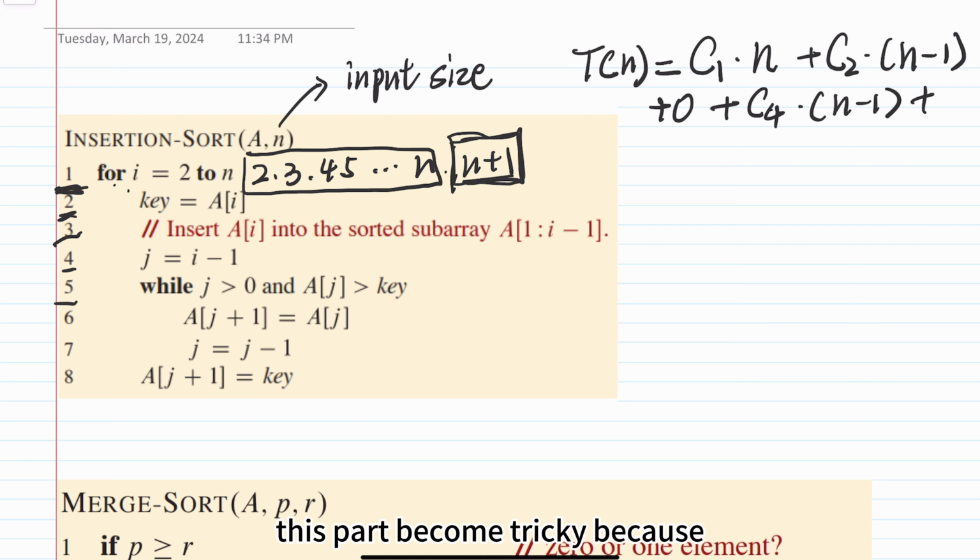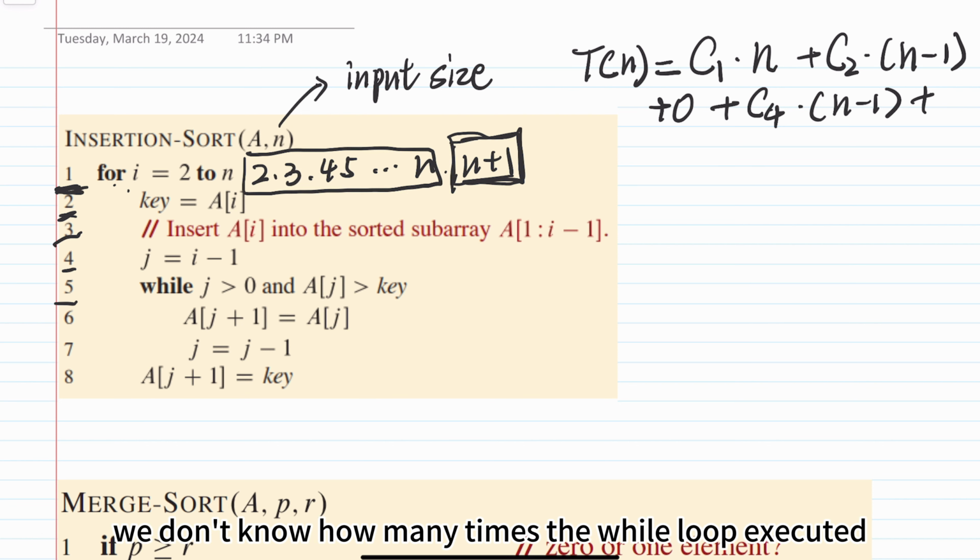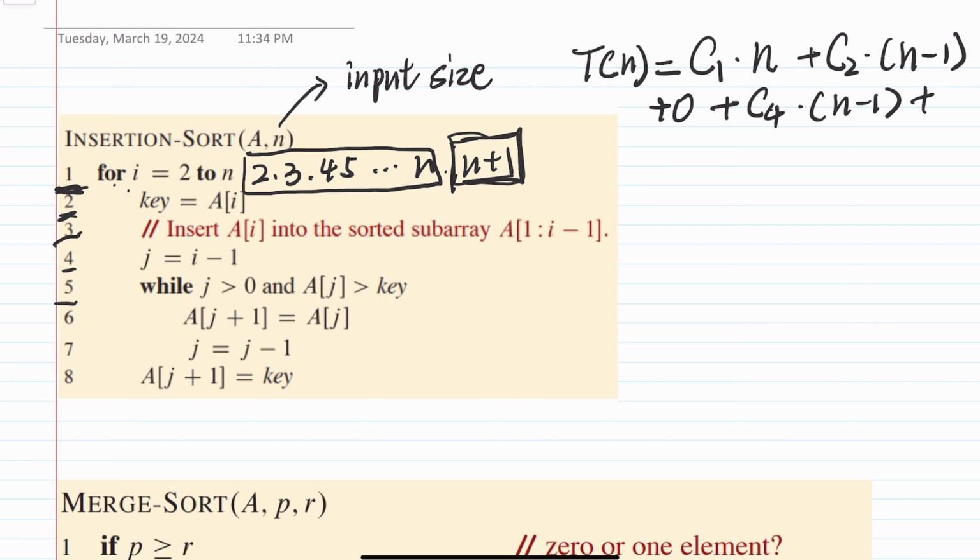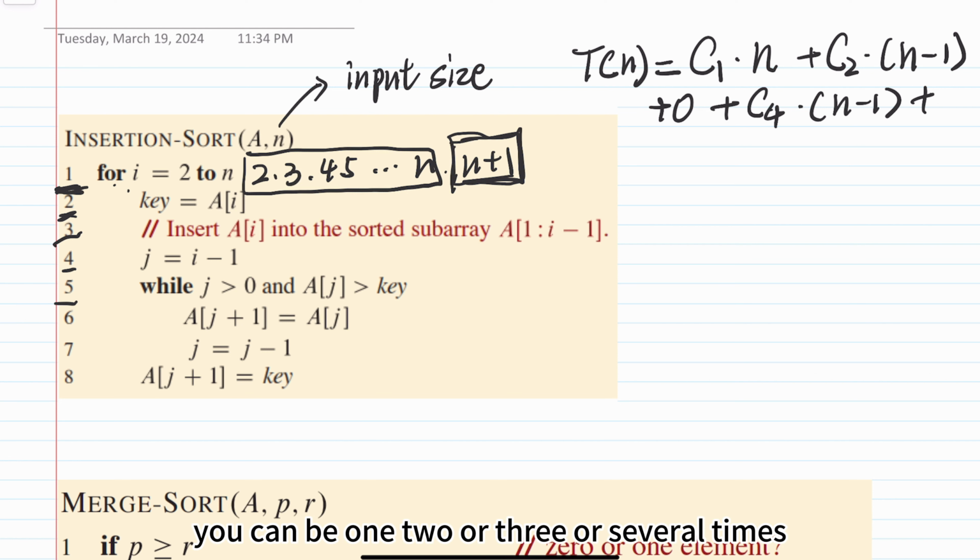Plus, this part becomes tricky because we don't know how many times the while loop is executed. In different cases, it will execute a different number of times. It can be 1, 2, 3, or several times.